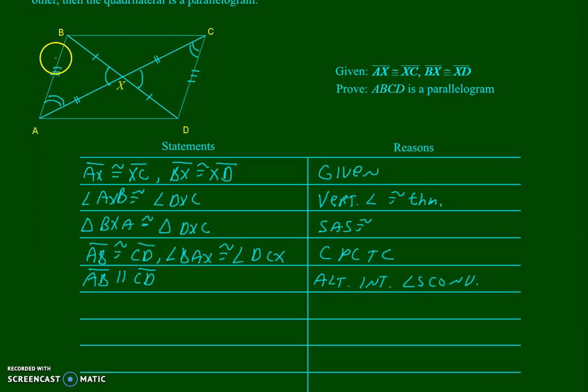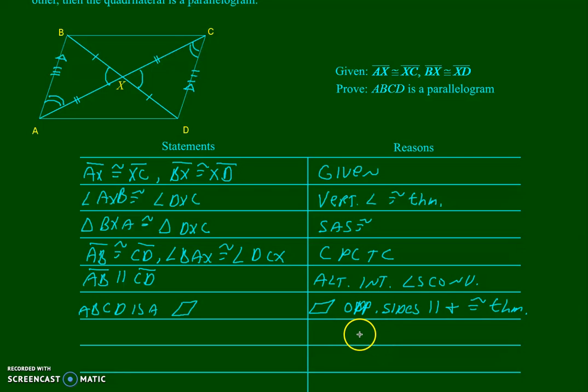And now, since this is parallel to this, and this is congruent to that, we know that this has to be a parallelogram. So ABCD is a parallelogram, and the reason is parallelogram opposite sides parallel and congruent theorem. Lots of abbreviations there.